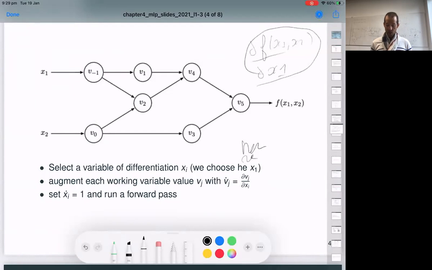And now we augment each working variable with this notation, the derivative of Vj with respect to x1, and run a forward pass. And x1 dot is equal to 1. What is the meaning of that? It is the definition of the derivative with respect to x1. So we go through this.